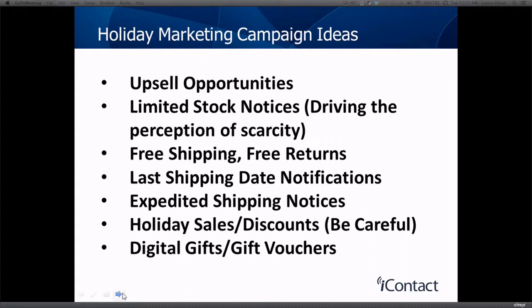Finally, digital gifts and gift vouchers. If people have missed those last shipping dates, you can still sell to people right up to the big day itself. You could be promoting gift vouchers and digital gifts at midnight or even on Christmas Day itself for people who perhaps forgot to buy a gift for somebody.